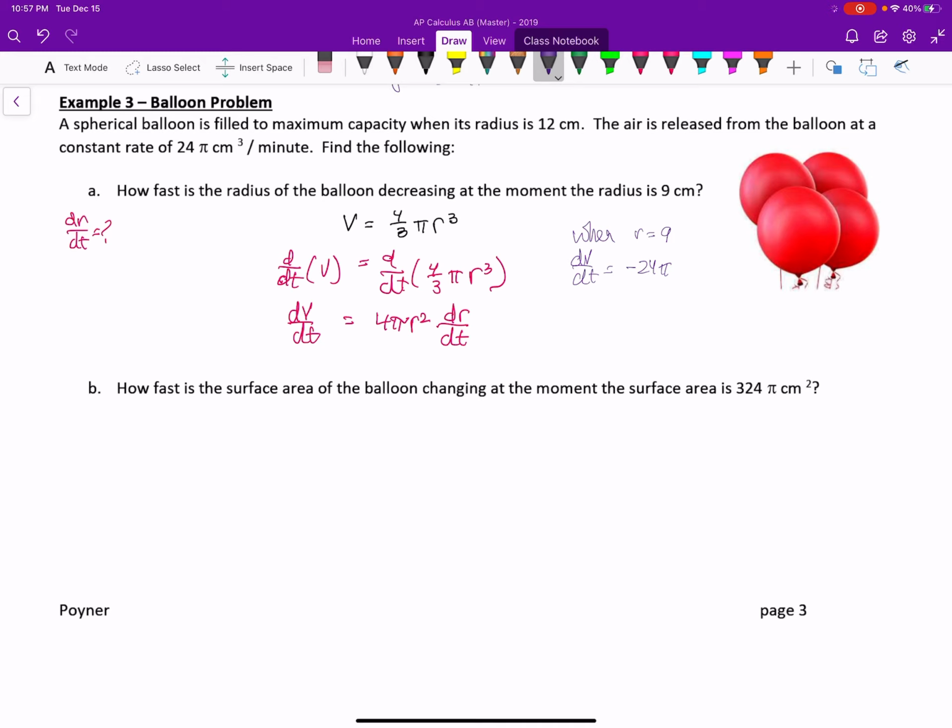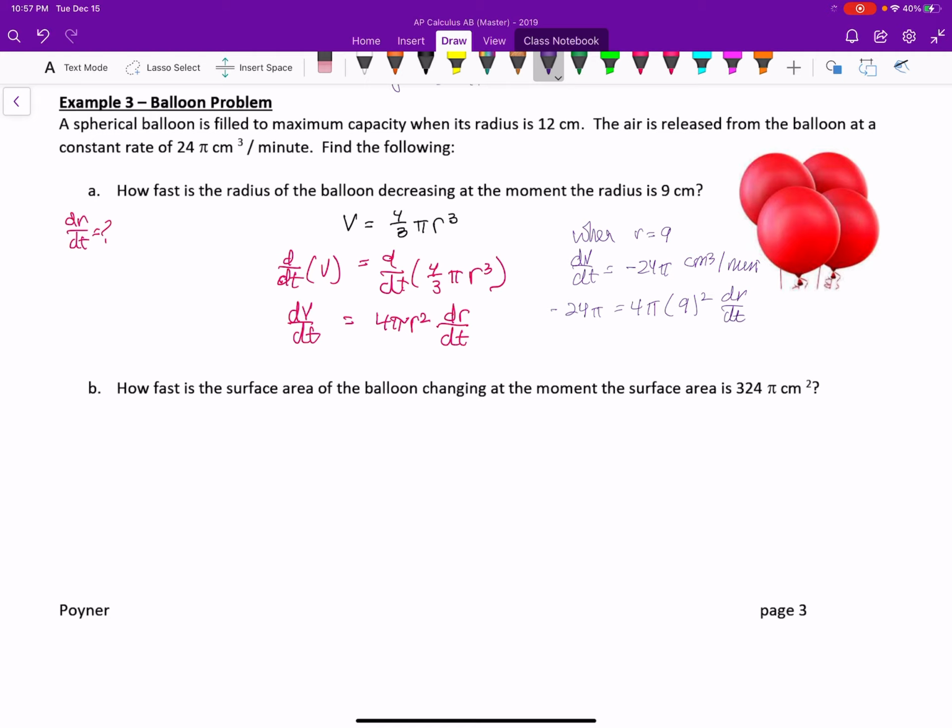The volume is going down. So now I just have to substitute in. I end up with negative 24 pi is equal to 4 pi times 9 squared times dr/dt.